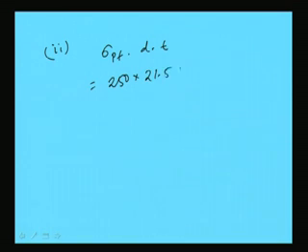And strength of rivet in bearing on 12 mm thick gusset plate will become sigma Pf into D into T. Here sigma Pf is as usual 250 and D is 21.5, but T will become 12 because we are considering the gusset plate at member AD.